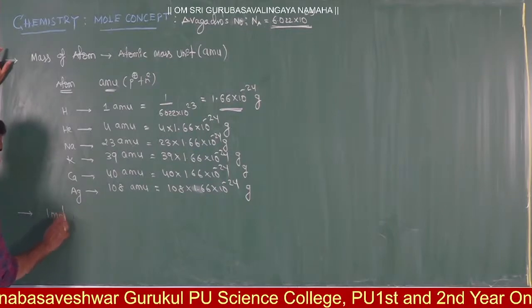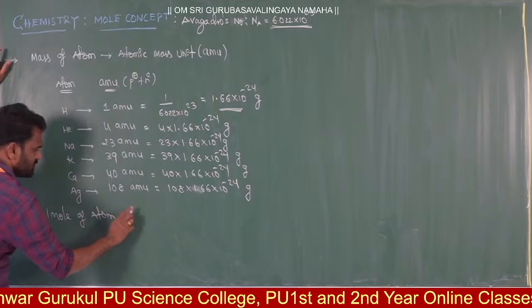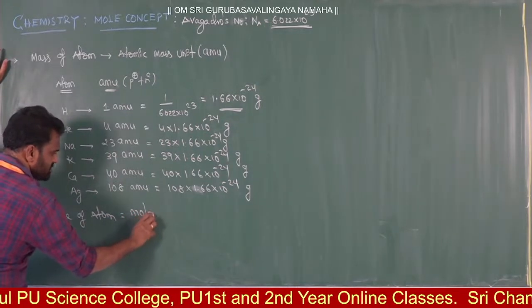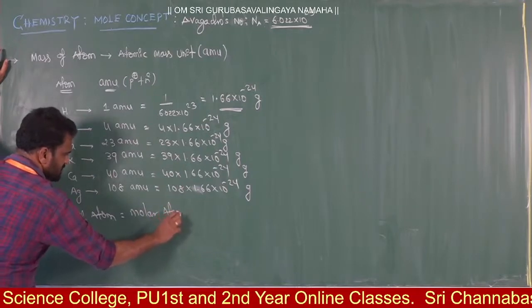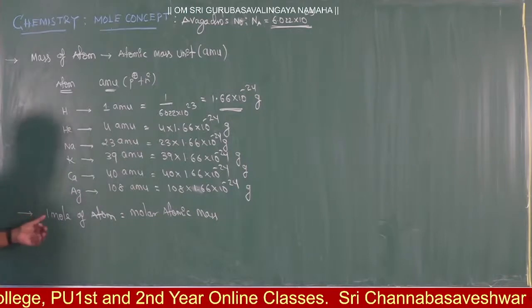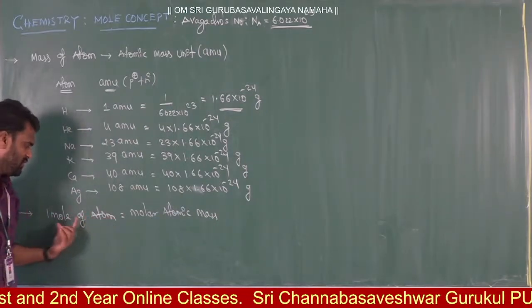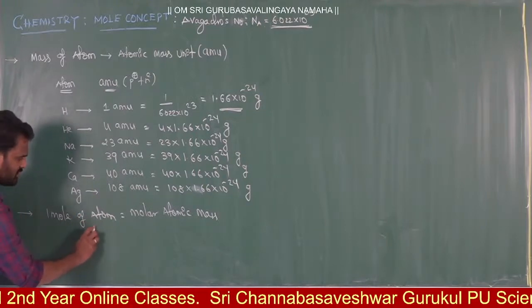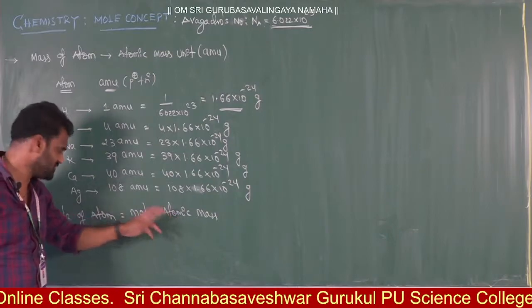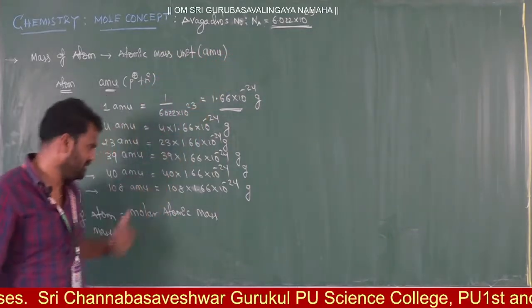1 mole of atoms equals the molar mass, or molar atomic mass. When we talk about the mass of 1 mole of atoms, it means molar atomic mass, and indirectly you have the weight of these many particles.